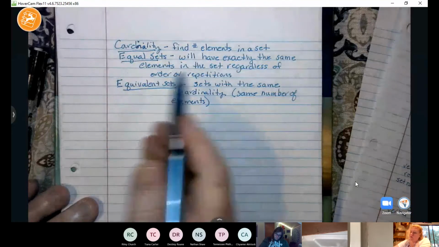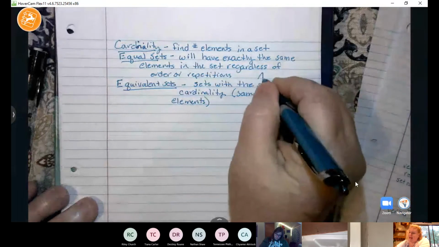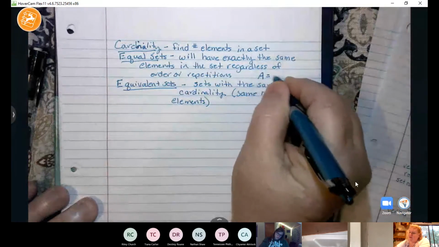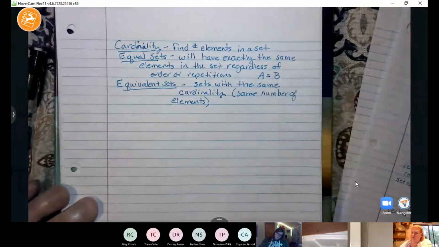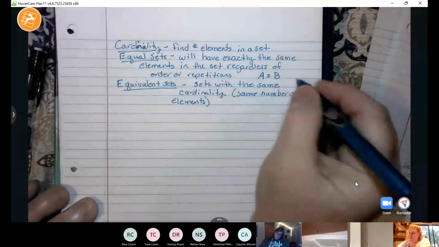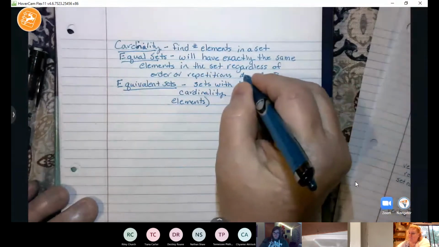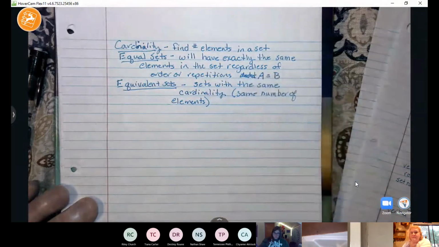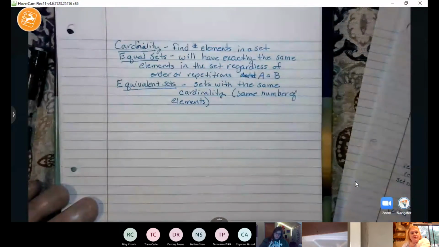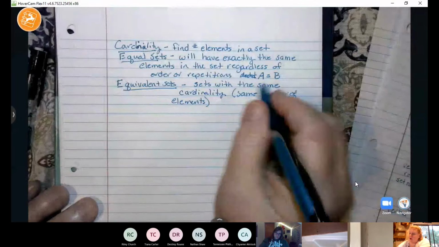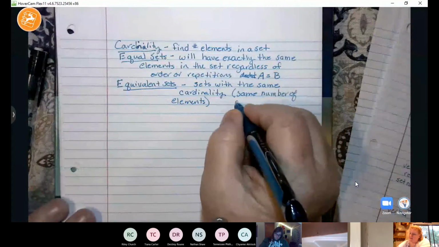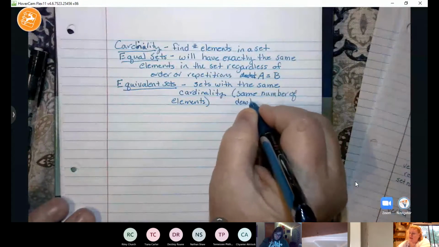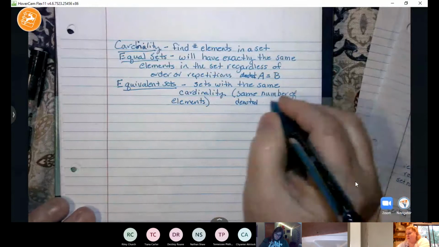When we talk about equal sets, we can say set A equals set B. So we can use this notation. Set A equals set B. When we're talking about equivalent sets, we have to talk about the number.